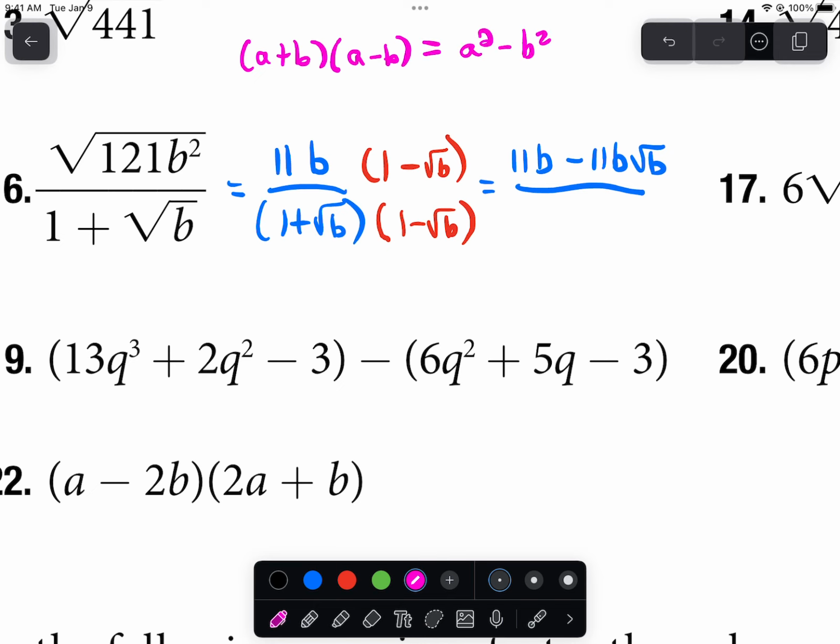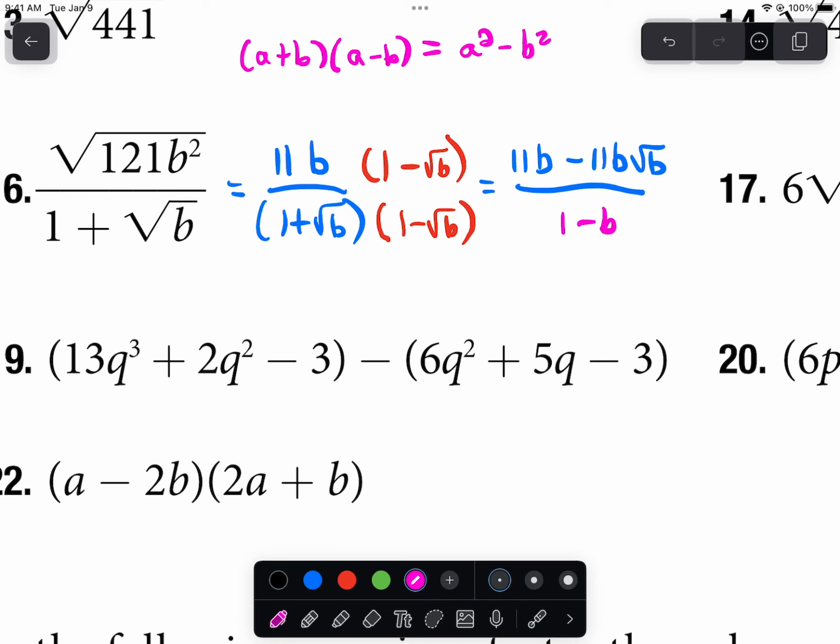So if you see a difference of squares, you can always apply that formula. So in our case, the a is 1, the b is the square root of b. So we have to square those things. If I square a 1, I get a 1. If I square a square root, I get the thing inside, so I get a b.